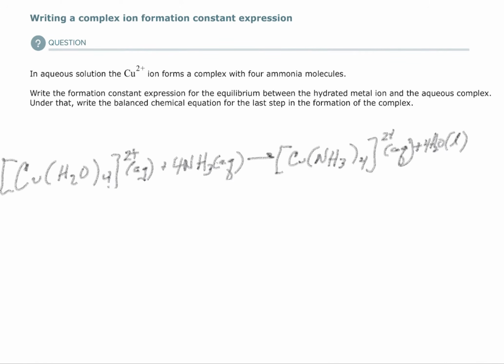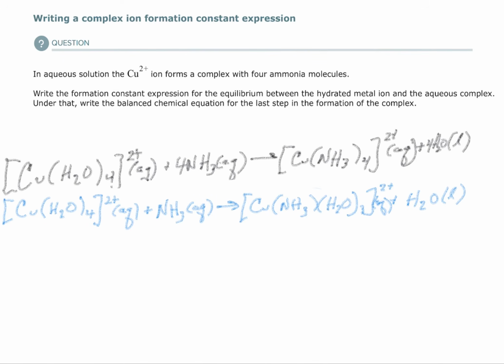Now, if you are going to transplant the water with the ammonia, it's going to do it one at a time. All right, so here's the overall equation that we just looked at, where the 4 water molecules that are in complex with the copper are being chucked out one at a time to be replaced by the ammonia.